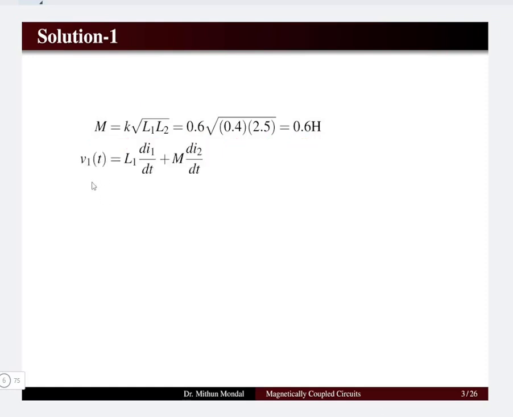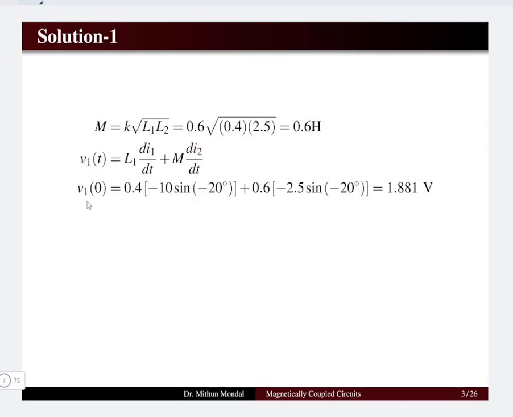We know from the KVL equation that the sending end voltage V1 is equal to the voltage drop due to the self-inductance in the primary network, L1 di1/dt, plus the mutual inductance term with a positive sign because both currents are entering the dot, with the current i2 component, as we are determining voltage 1.